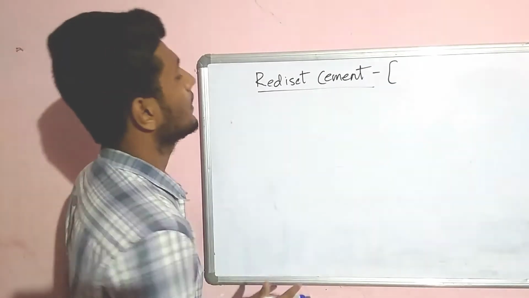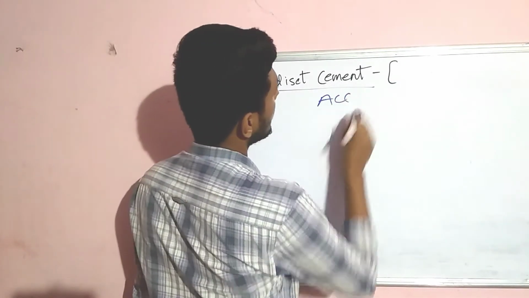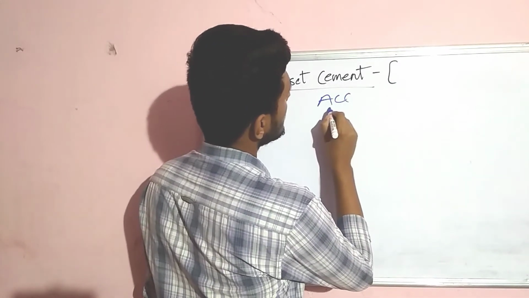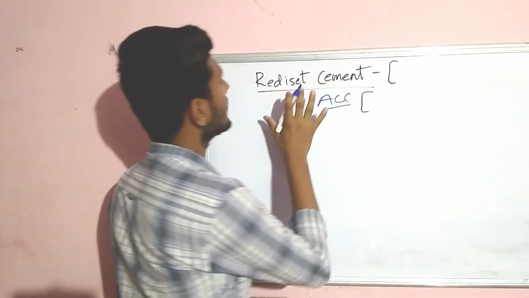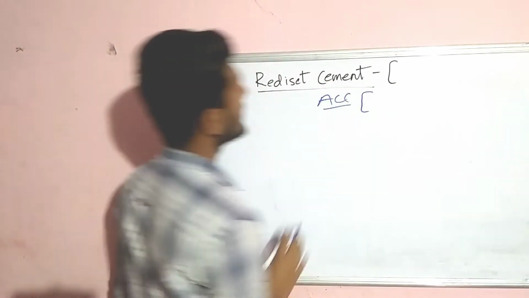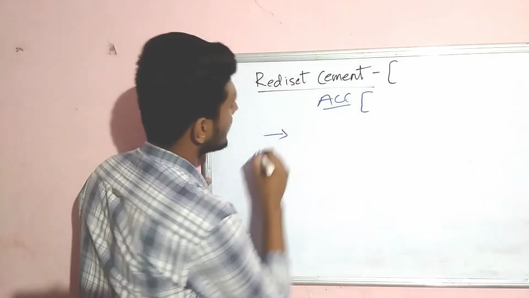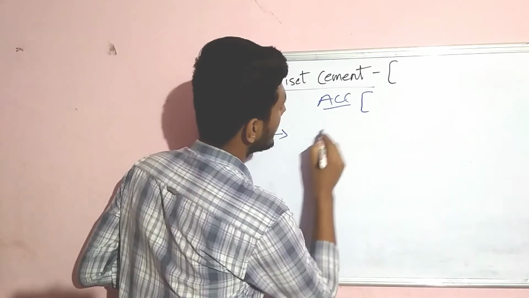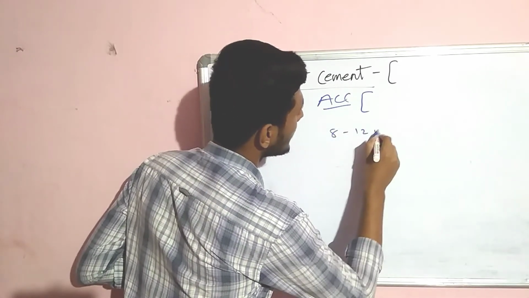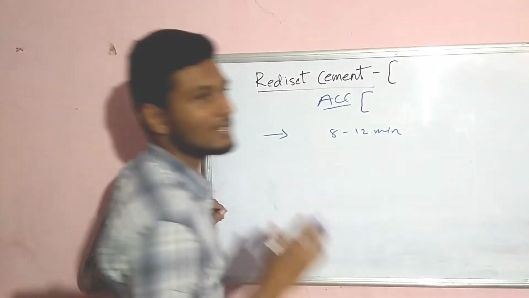Ready set cement. The ACC, the Association of Cement Companies of India, discovered the ready set cement. The properties of ready set cement are that it gains more strength in less time, meaning it takes 8 to 12 minutes for the setting time of the cement.